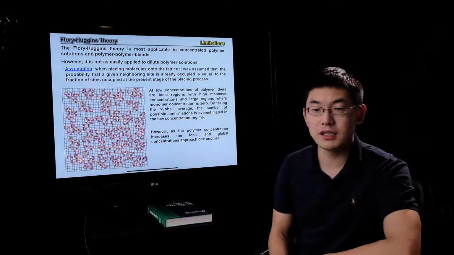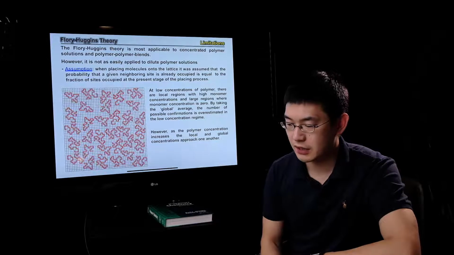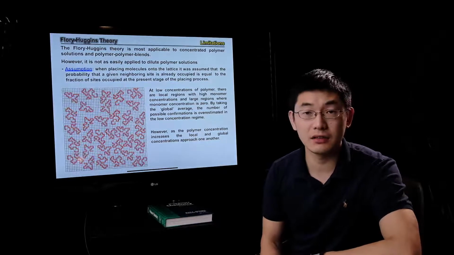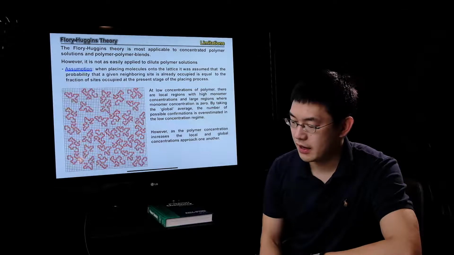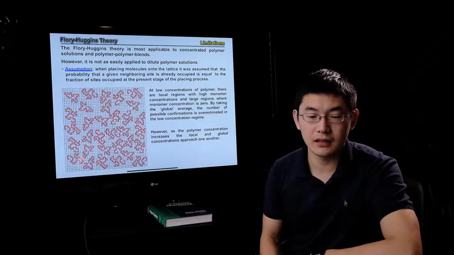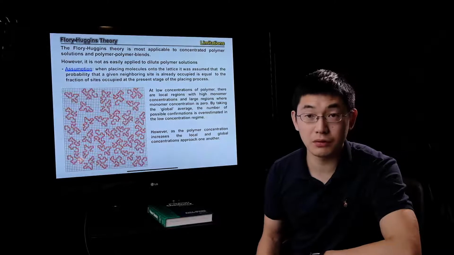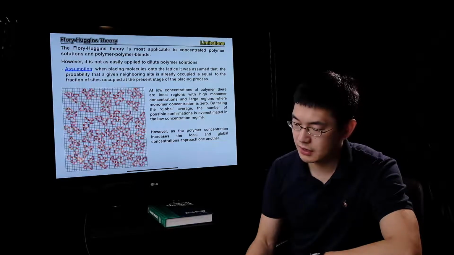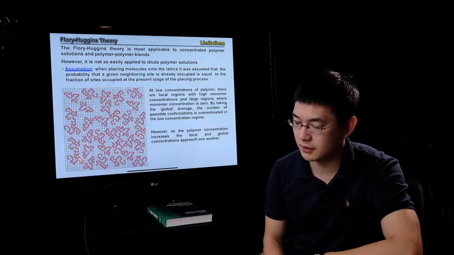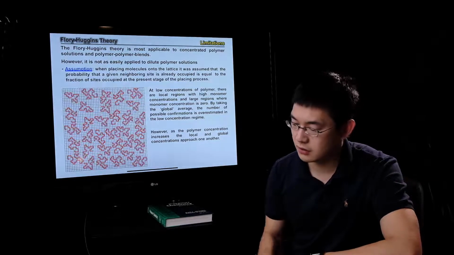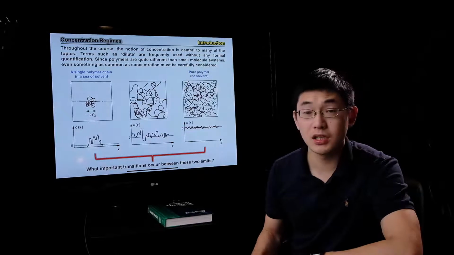So I'll leave about 10 minutes for questions related to the Flory-Huggins theory and the phase behavior of the melt material. And starting next lecture, I'm going to have some extra material to talk about. So next Tuesday, we're going to have a lecture about the concentrated region.